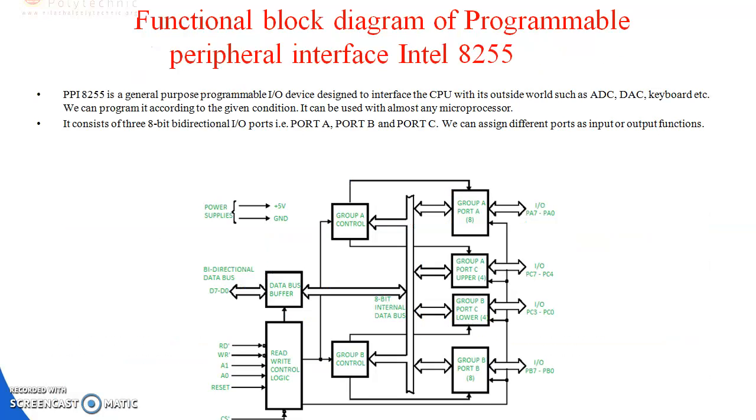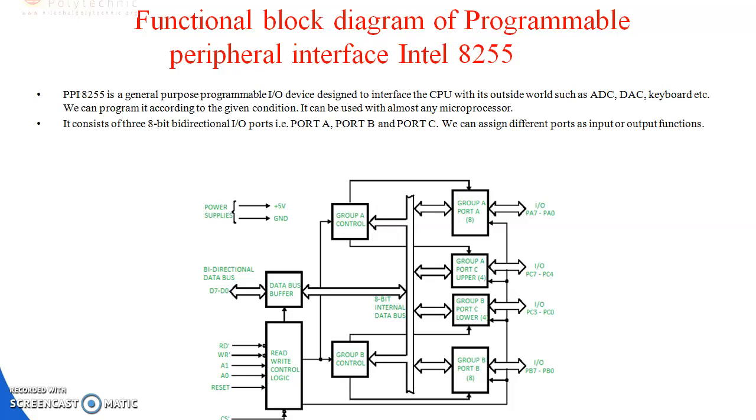Next is the functional block diagram of the programmable peripheral interface Intel 8255. The PPI 8255 is a general purpose programmable input-output device designed to interface the CPU with its outside world such as ADC, DAC, keyboard, etc. So we can program it according to the given condition.